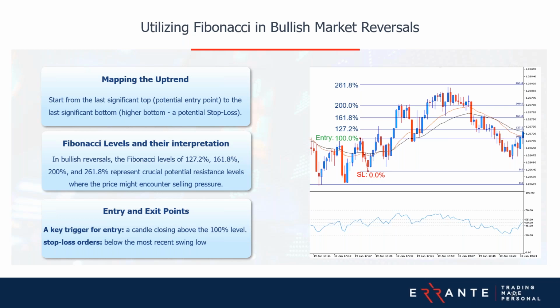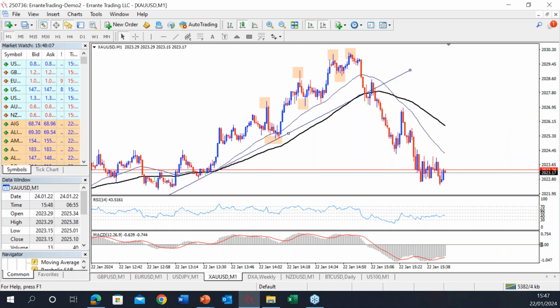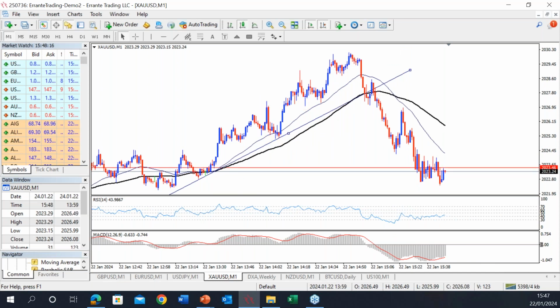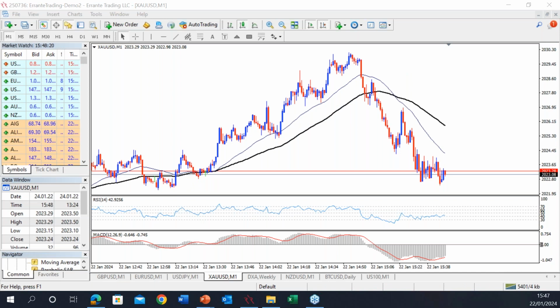This is the point. Let me just go through it. The point is that let's look back at the MT4.